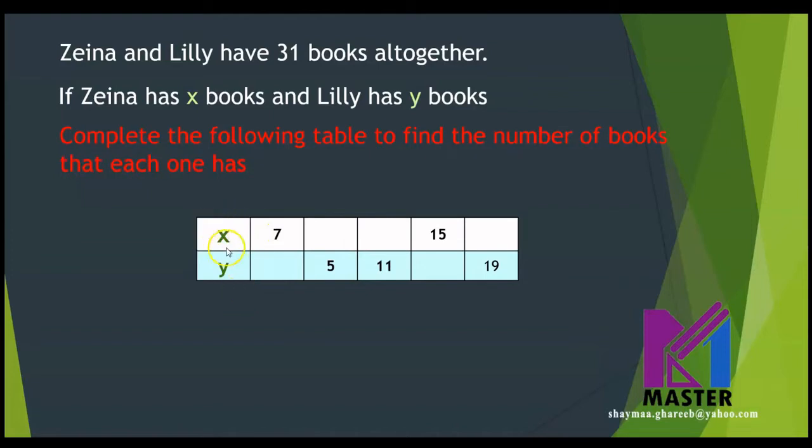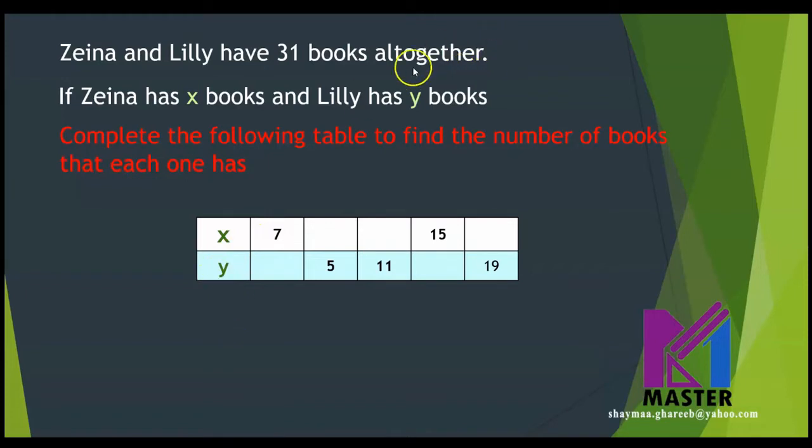We said the X represents the number of books that Zina has and the Y the number of books that Lily has. So if the X equals 7, or if Zina has 7 books, how many books does Lily have?